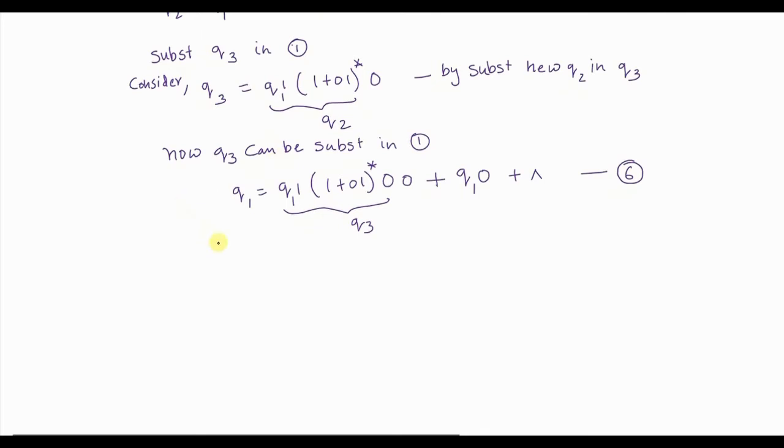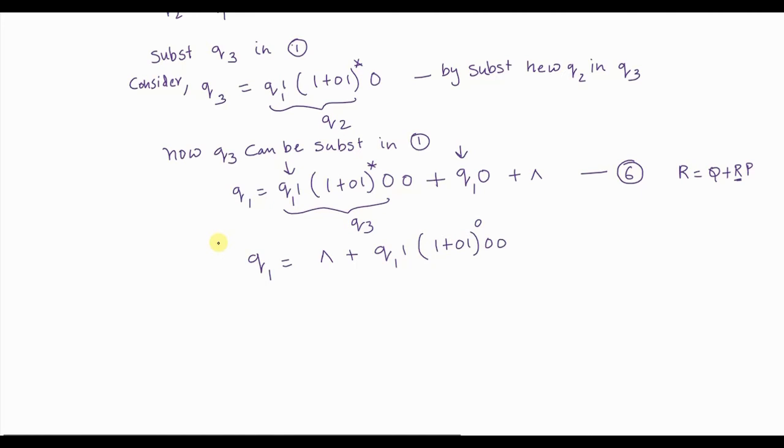Now further what we need to do is we need to see whether this equation that we have got, equation 6, is of the type R equal to Q plus RP. Now you can remove this Q1, which is a common term. So I can rearrange the Q1 equation like this: Q1 equal to null plus Q1 1 plus 0 1 the whole star ending with 0 0.